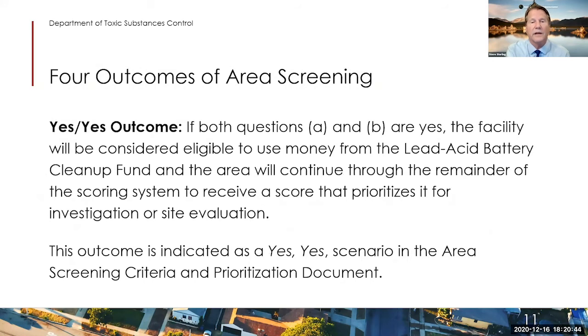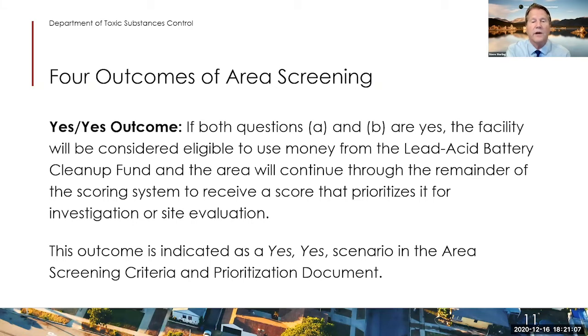Here on slide 11 is a detailed description of the fourth response to the threshold questions shown on the previous slide. We like to call this response the yes-yes outcome of an area screening. Likewise, in the area screening criteria and prioritization document, this outcome is indicated as a yes-yes scenario.